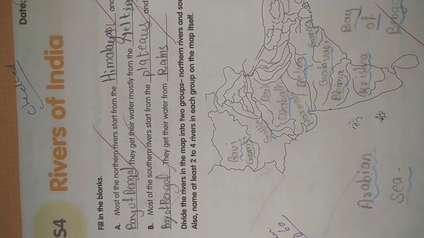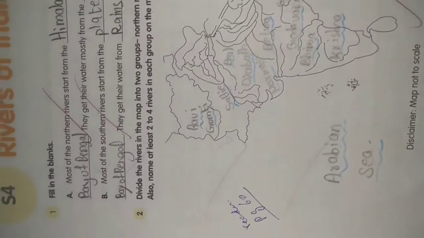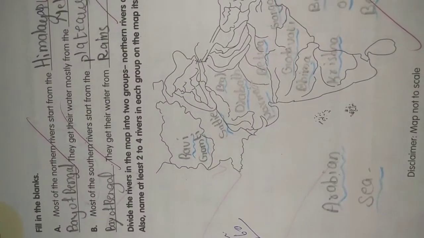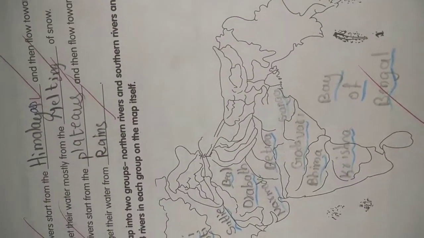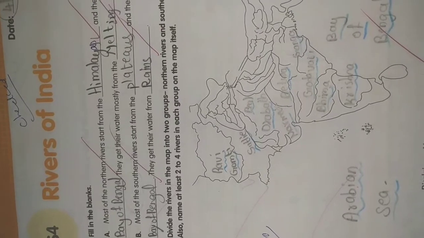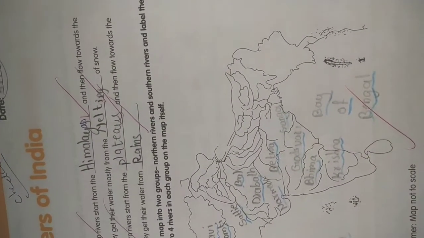Now, as for rivers of India, now fill in the blanks. First one: most of the northern rivers start from the Himalayas and then flow towards the Bay of Bengal. They get their water mostly from the melting of snow.